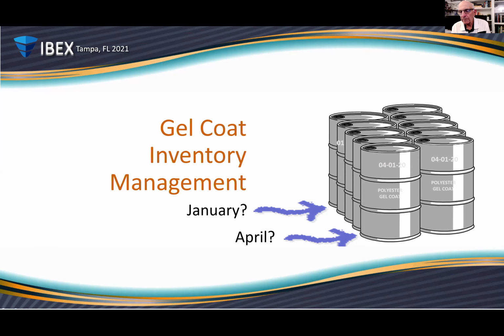So it's the old inventory thing: first in, first used. And make sure you don't get caught with material that is aged out because it's more convenient to use the drums in the front or something to that effect. So shelf life is an important aspect of managing the ability to get the highest quality out of your gel coat.